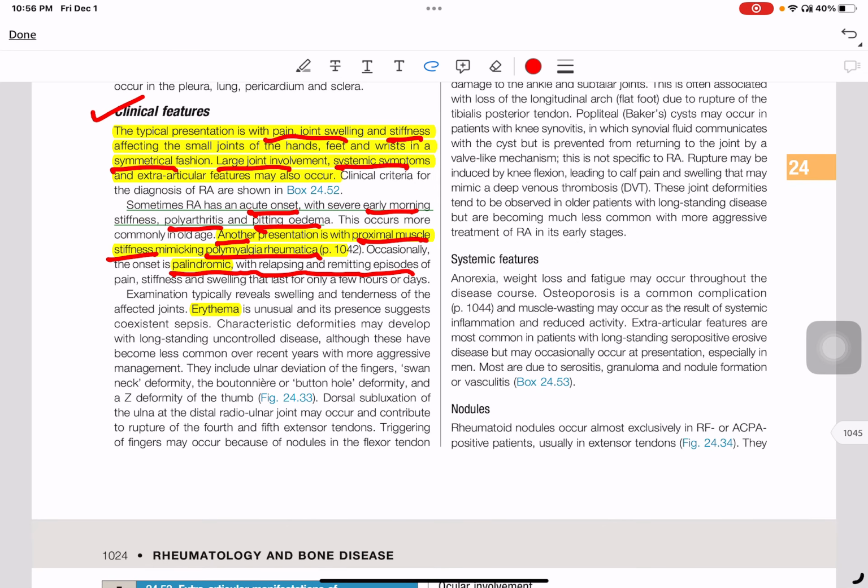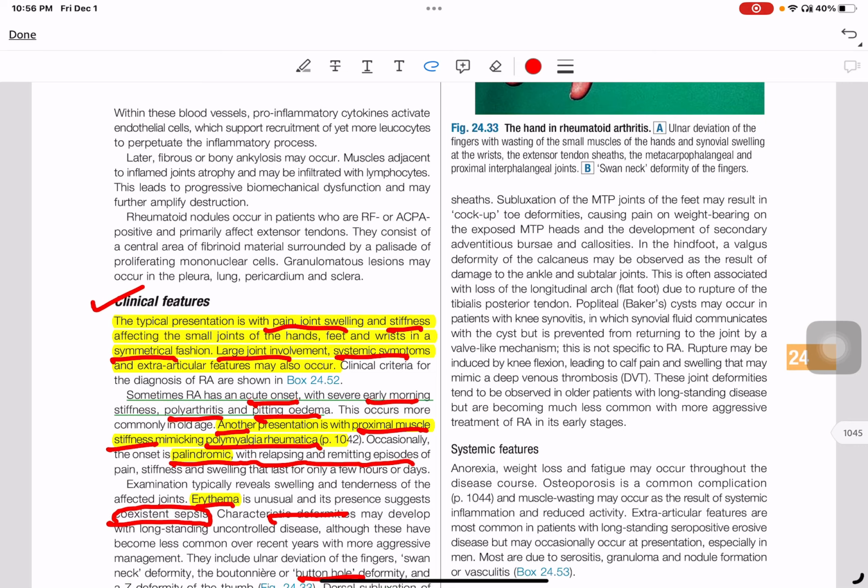If along with arthritis there is erythema in the joint, that suggests coexistent sepsis. There will be some deformity in the joint. Among the deformities there may be swan neck deformity, boutonniere deformity, Z-deformity of the thumb, dorsal subluxation of the ulna, radio-ulnar joint subluxation, and atlantoaxial subluxation.